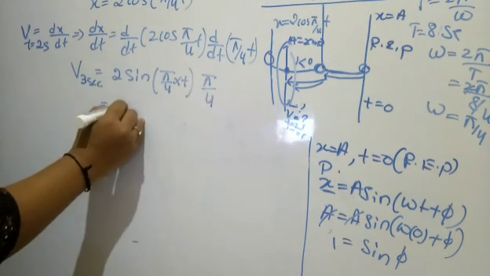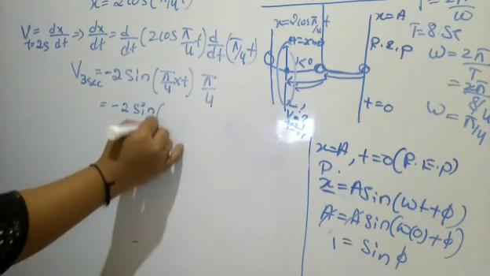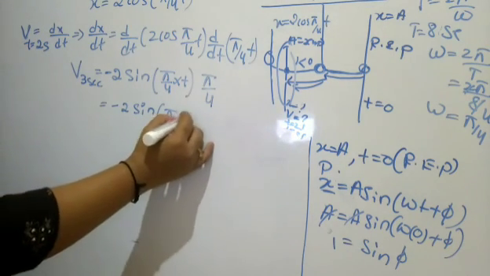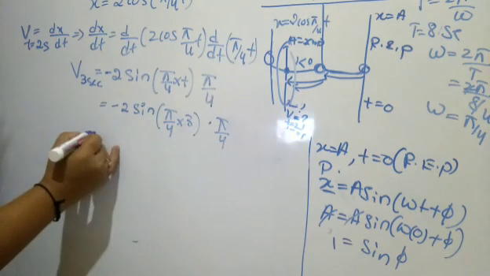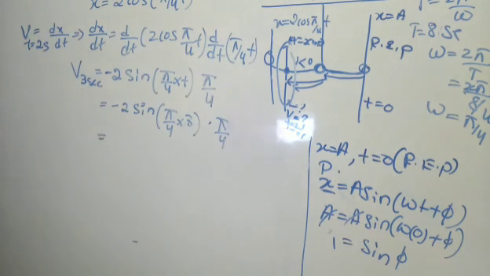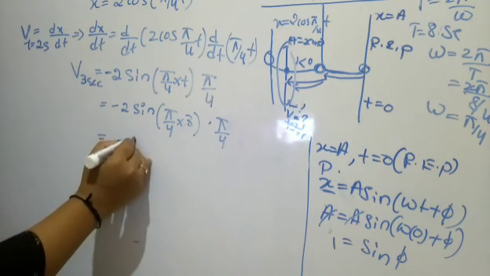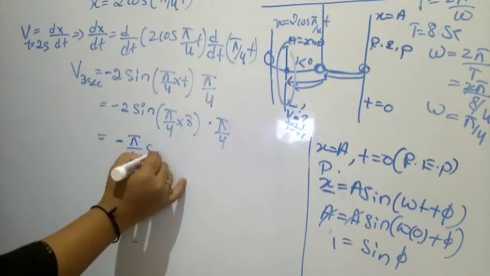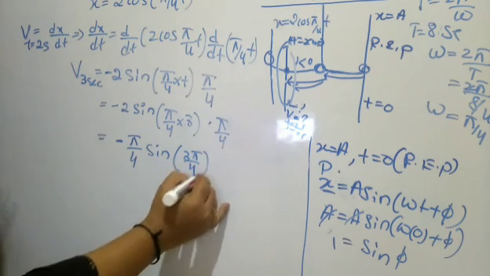So minus 2, here also minus. So sine pi by 4 into 3 into pi by 4. So here I am getting minus pi by 2, because 2 ones are 2, 2 twos are 4. So sine of 3 pi by 4.